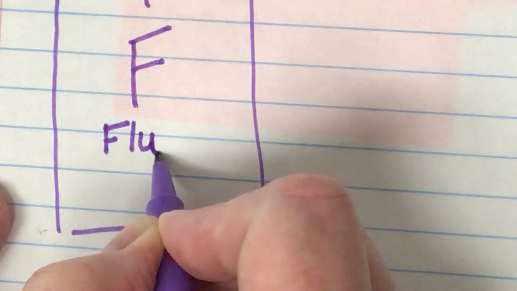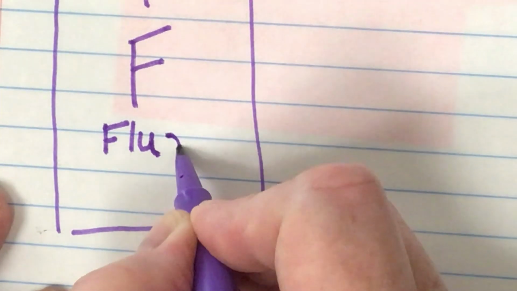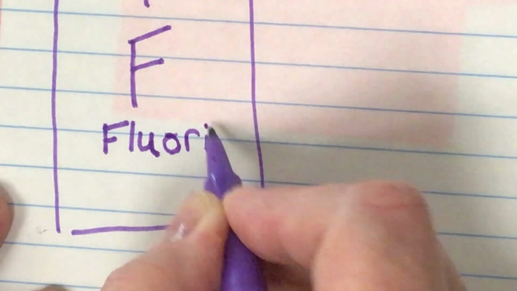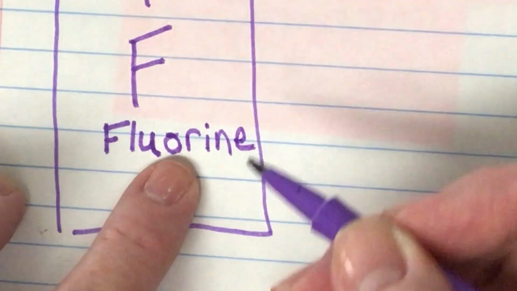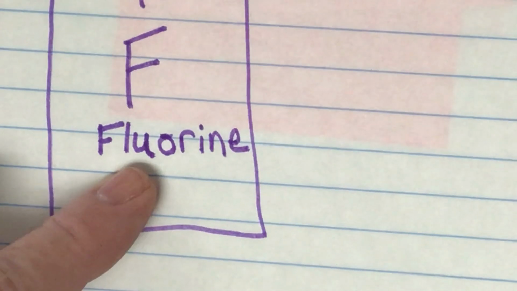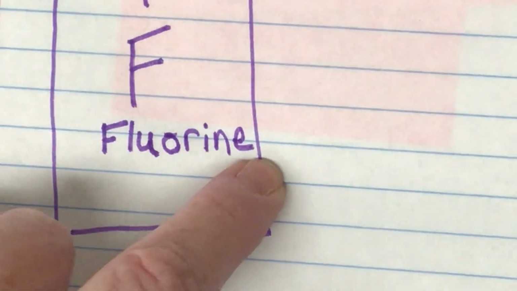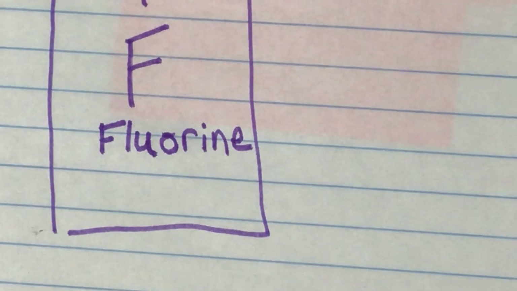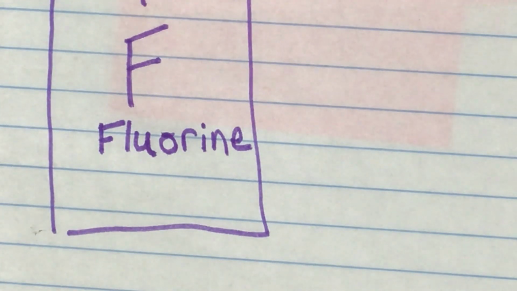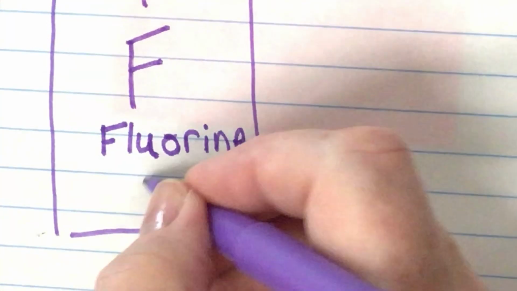It's F-L-U-O-R-I-N-E. I have forever spelled it F-L-O-U. So it's F-L-U-O, fluorine. Okay, its mass is 18.9. What are we going to round it to? Very good. We're going to round it to 19.